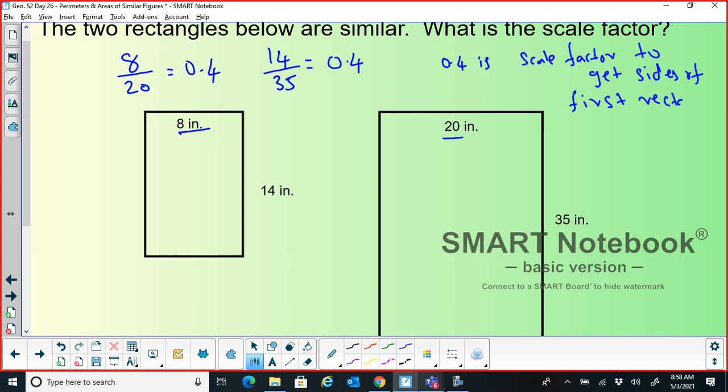This is your first rectangle and this is your second rectangle. If they give you any side in the second rectangle and you multiply by 0.4, you'll get the first rectangle's side.